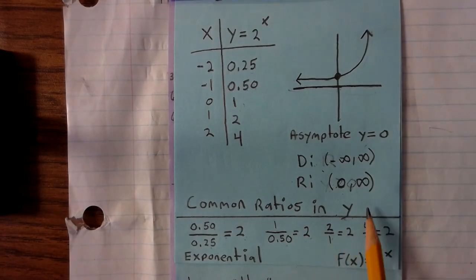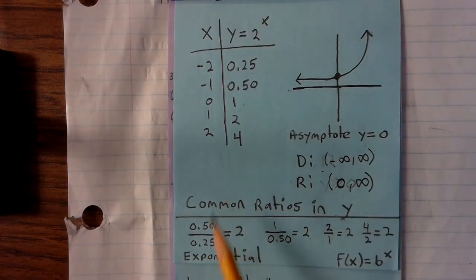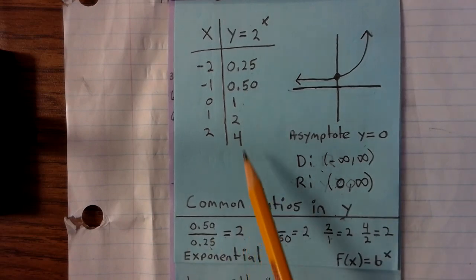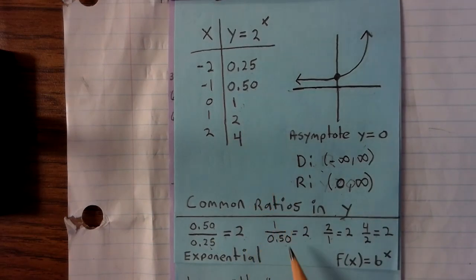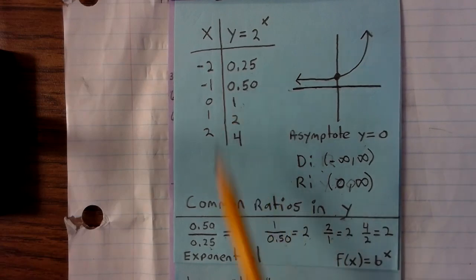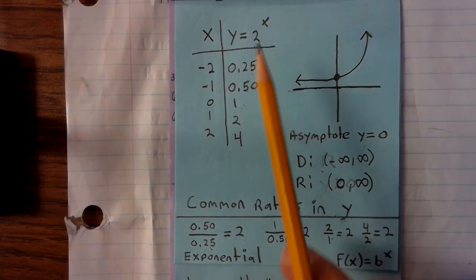Now there are common ratios in y, meaning if you take 0.5 divided by 0.25, you get 2. If you take 1 divided by 0.5, you get 2. If you take 2 divided by 1, you get 2. So when you divide the y values, there's a common ratio of 2 in this case. So it's exponential. The function is f of x equals b to the x power, where the 2 is the b value in this case.